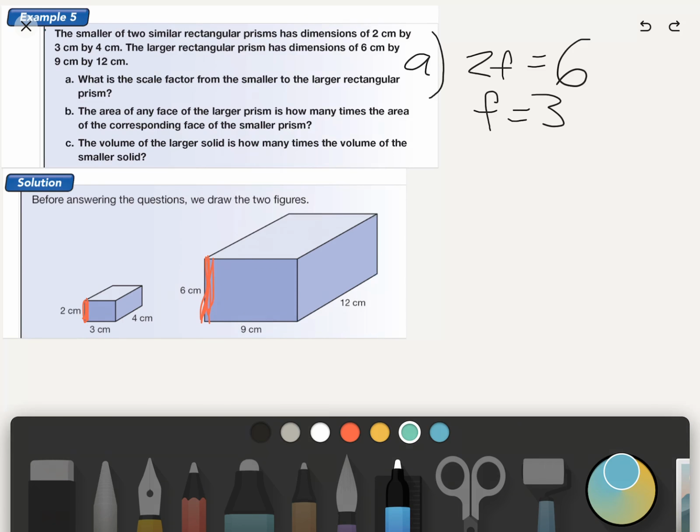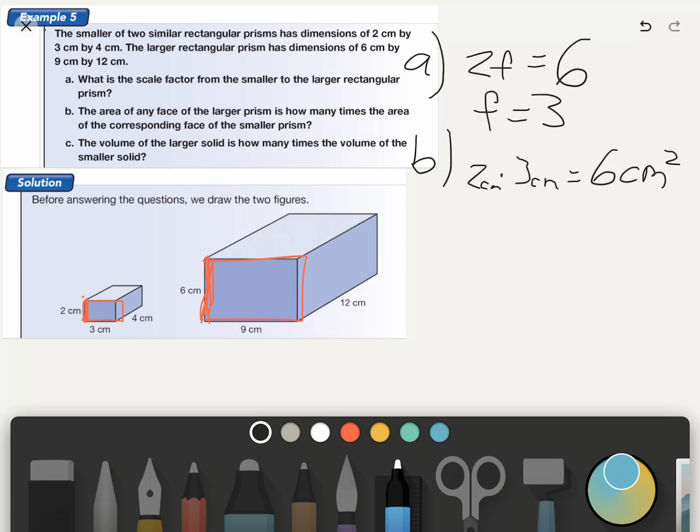So all good. But what happens if we take that to the next level and talk about the face or the side? How will that work out? Now we could say 2 times 3, and since we're talking centimeters, 2 centimeters times 3 centimeters will get us 6 centimeters squared.